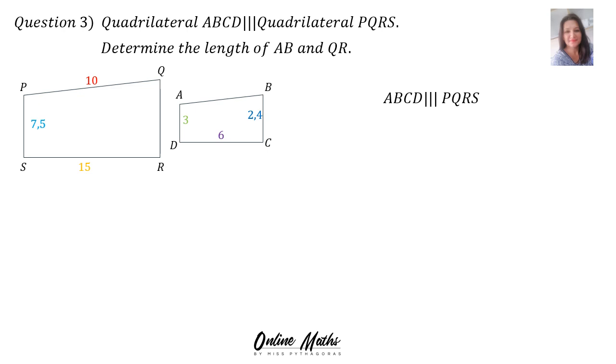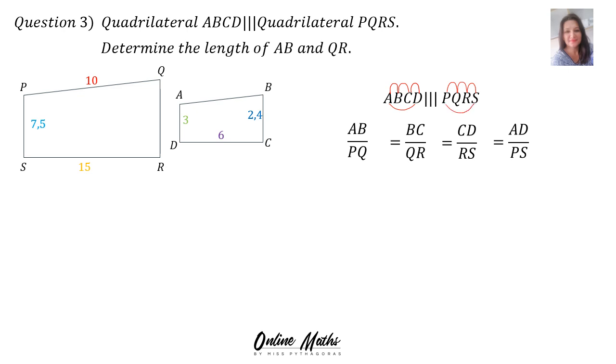So we can start by saying the ratio AB over PQ is equal to the ratio BC over QR is equal to the ratio CD over RS is equal to the ratio AD over PS.